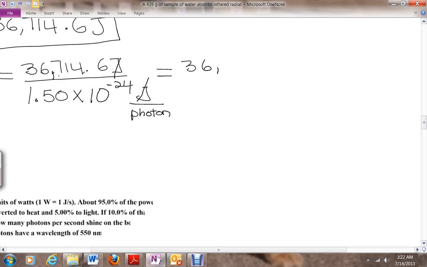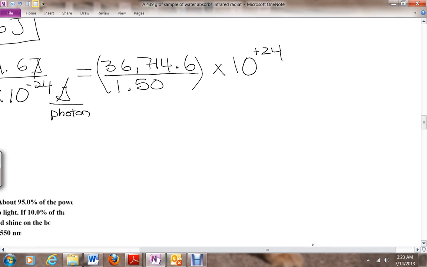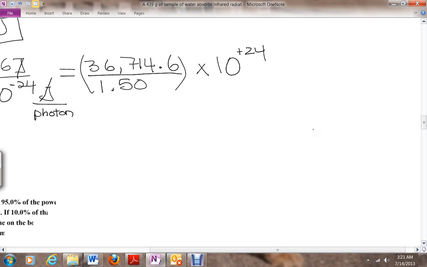I'm sorry, this is 36,714.6 divided by 1.50. This is my digit part, like I said, by 10 exponential. This goes positive on top. So this is going to be 24, and this is going to be photons.